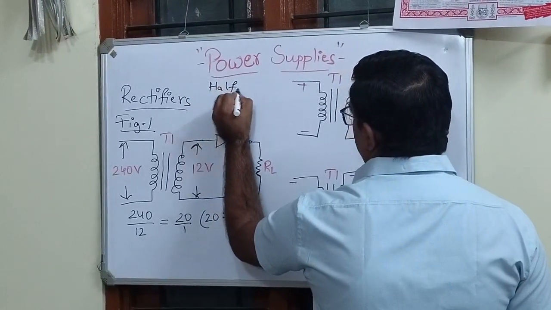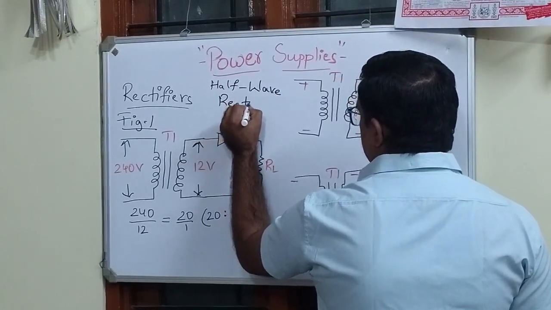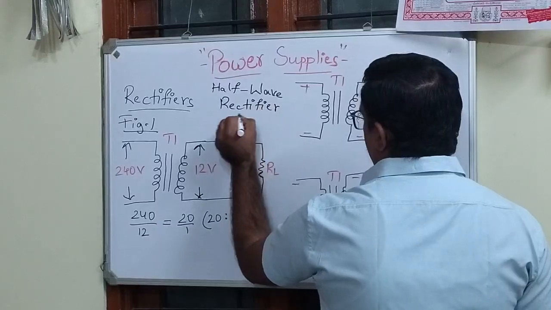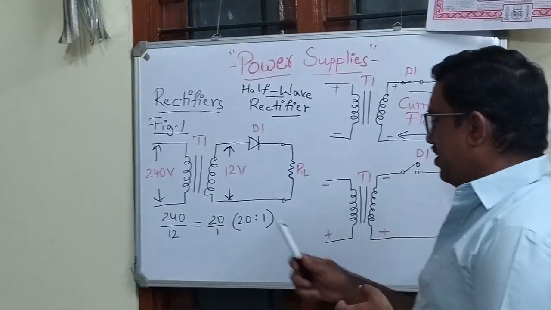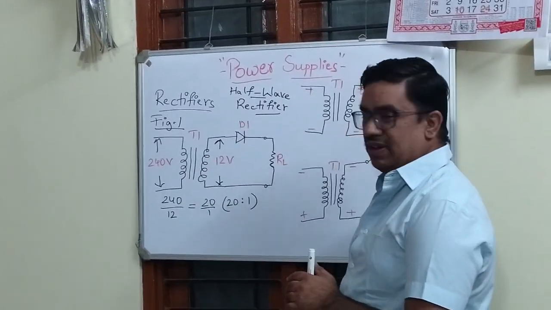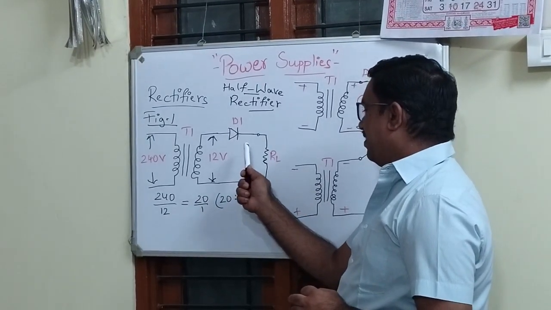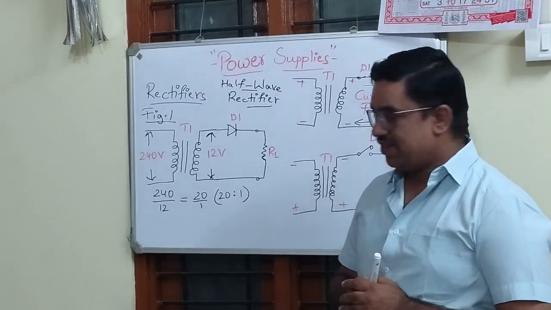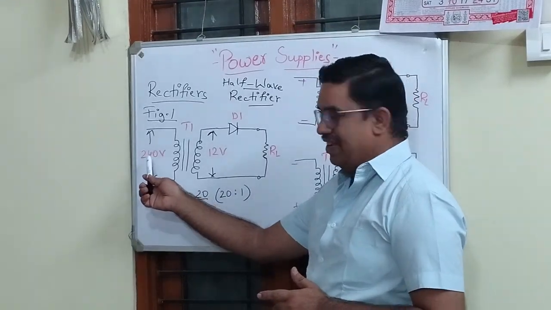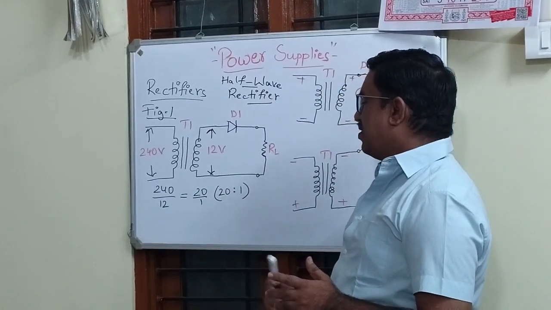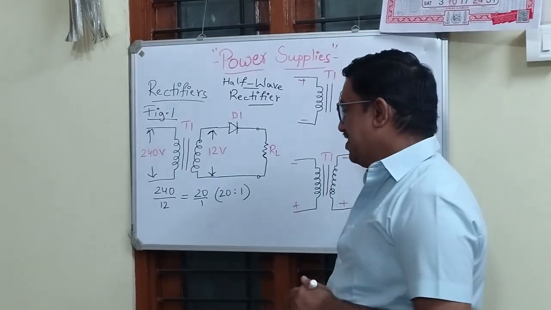This rectifier circuit comprises a step down transformer T1, which is connected to a diode D1 and then a load resistor R. The input for the step down transformer is our AC supply of 240 volts, which it steps down to 12 volts AC.